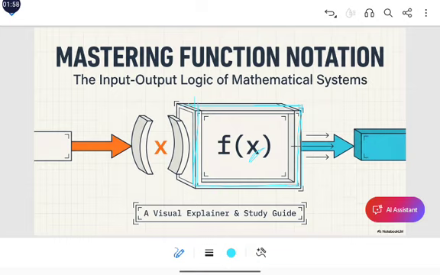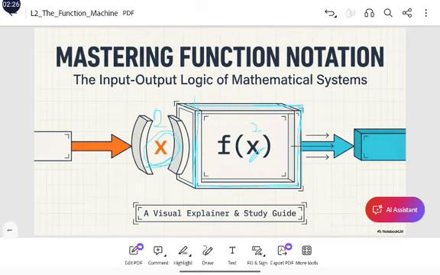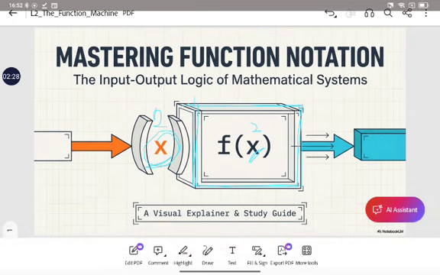So the rule is that whenever I put this x into the function, so if x is 2 here, then x will be 2 here, will produce a desired or expected output. So that is how a function works.